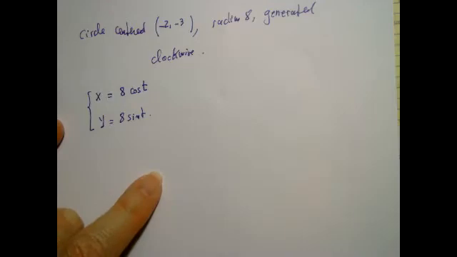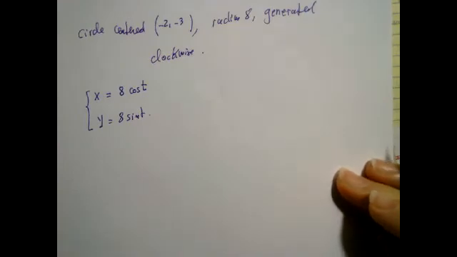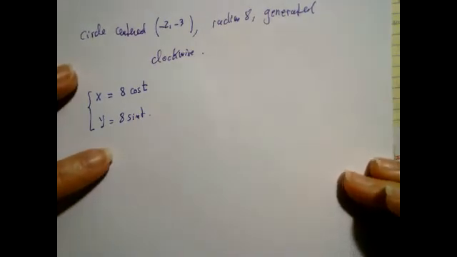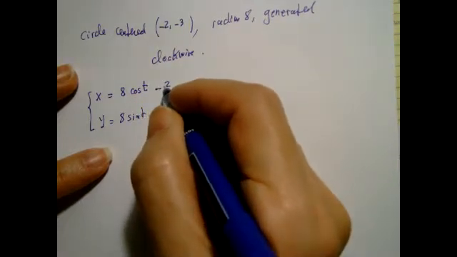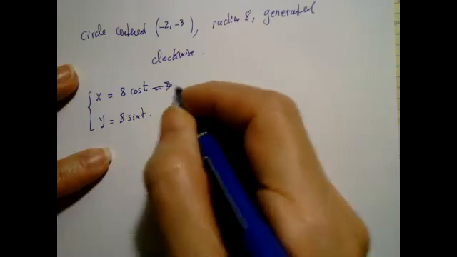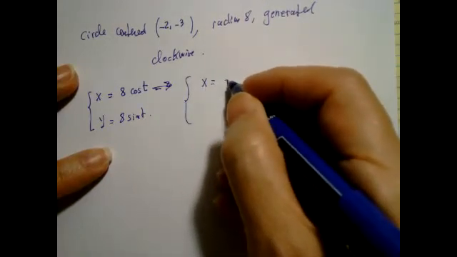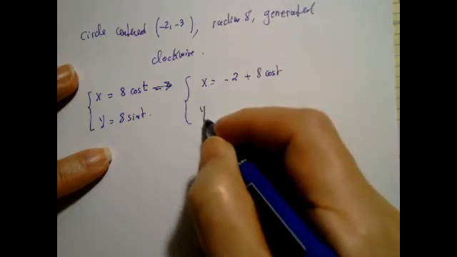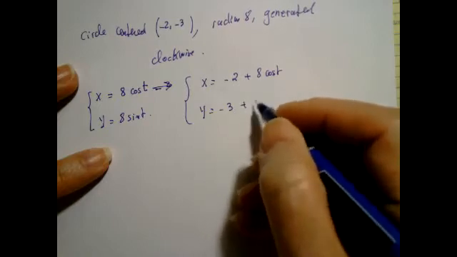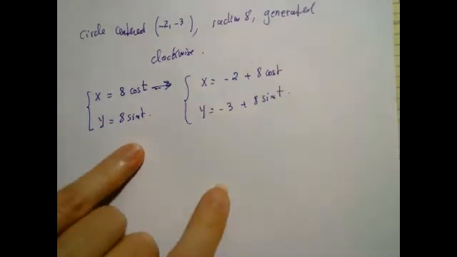How can we make the center at -2, -3? For the x equation, should it be -2 plus 8 cosine t? Yeah, -2. We're going to change it. And same thing for y but with -3. Almost correct, not fully correct.